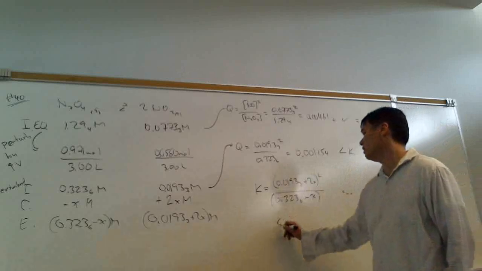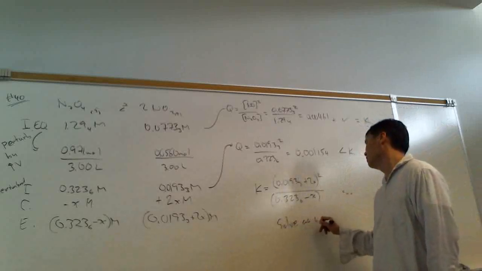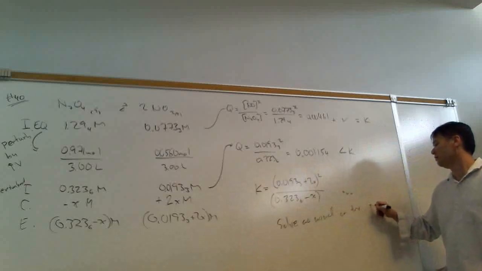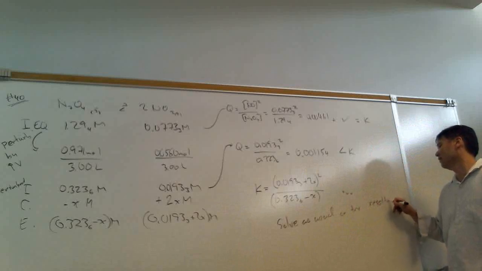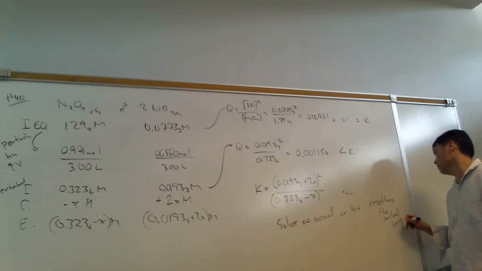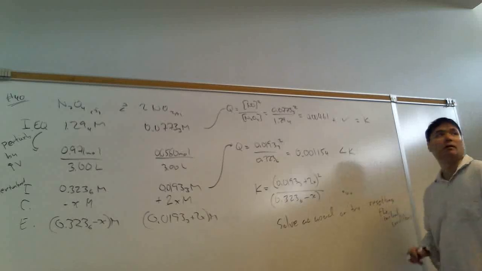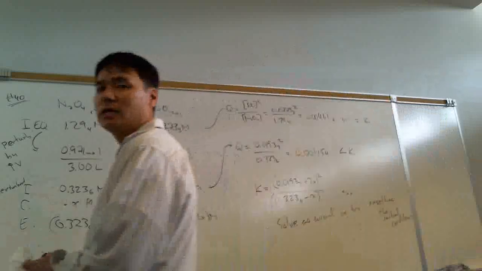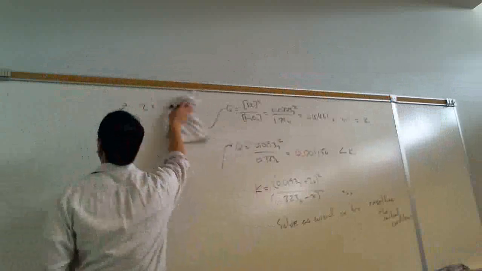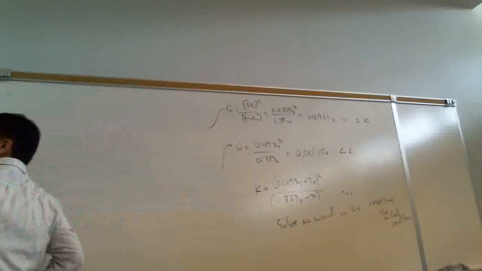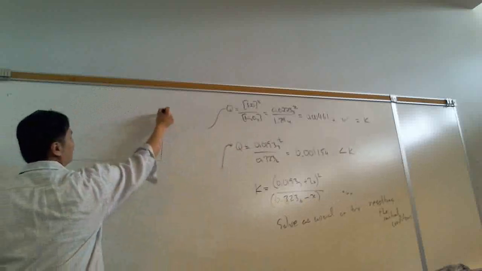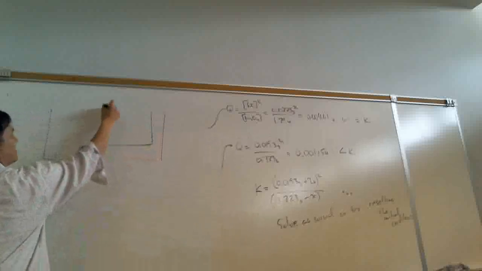The next trick: solve as usual, or try resetting the initial conditions. Let me just go through a brief rundown of what resetting initial conditions means quickly. And then, 10 to the minus 3 favors the product or favors the reactant? Favors the reactant. So the way I visualize this is like this.